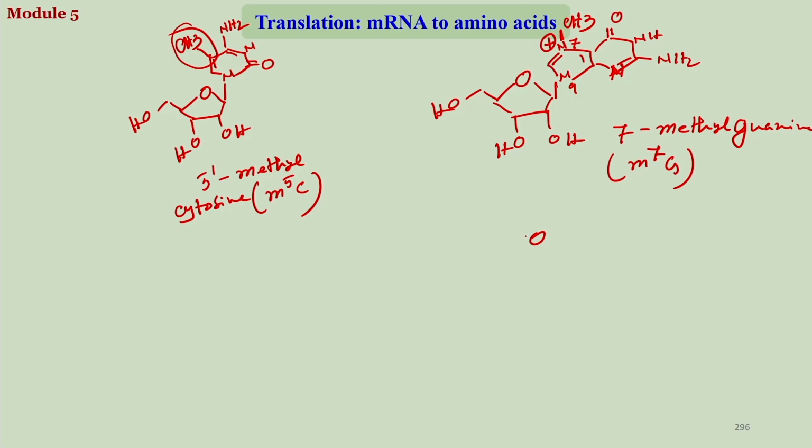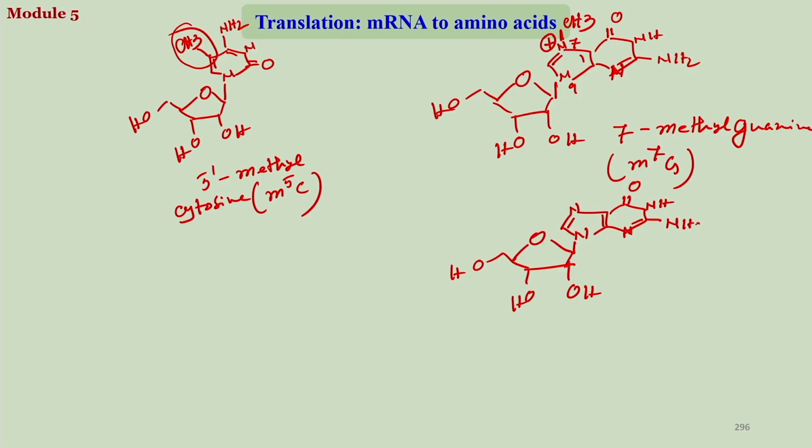Second is 2-methyl guanine. All are in RNA framework. NH2, NH, this is the second position, 2.